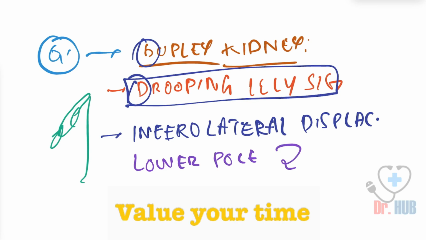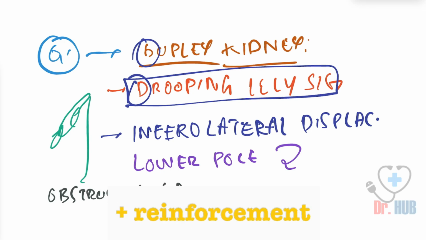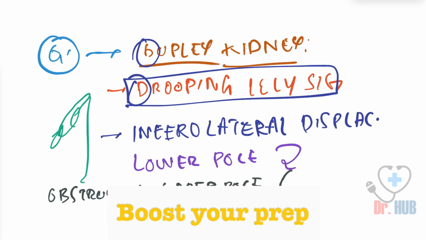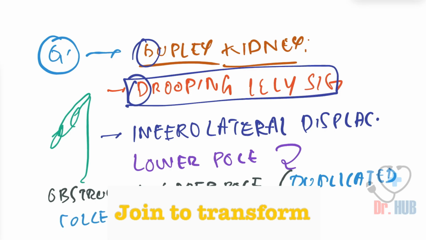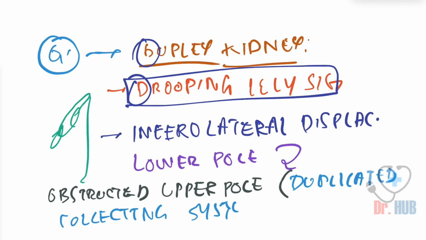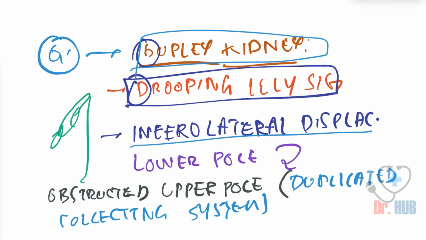This is due to an obstructed upper pole in a duplicated collecting system. So it is a duplex kidney, a drooping lily sign, with inferior displacement of the lower pole by the obstructed pole due to the duplication of the collecting system.